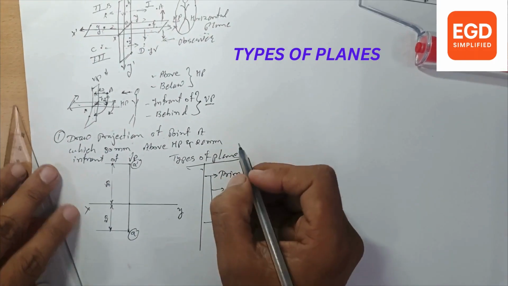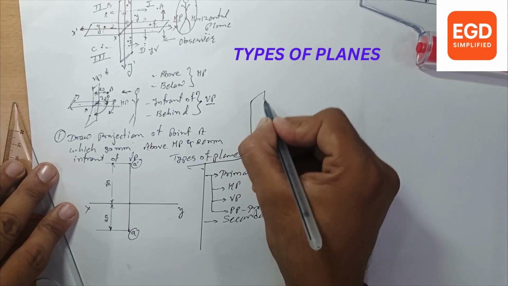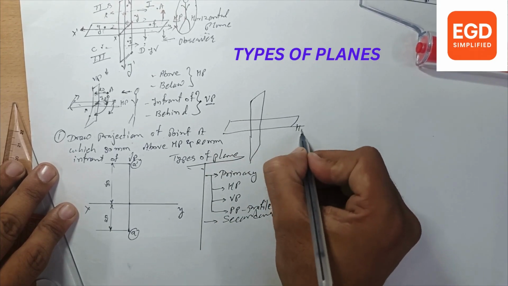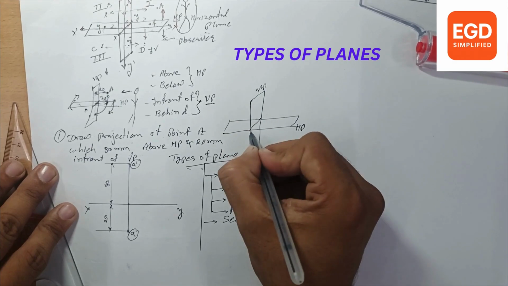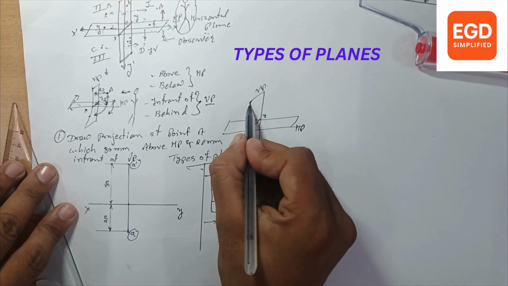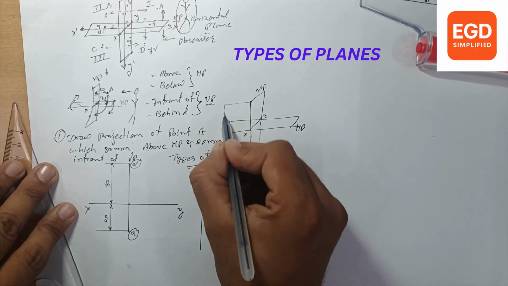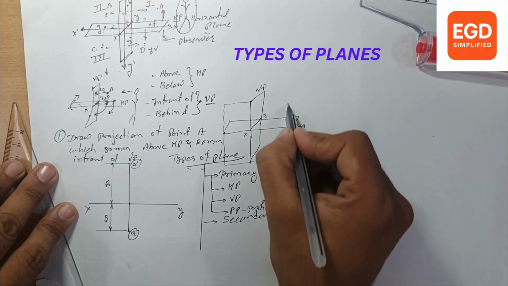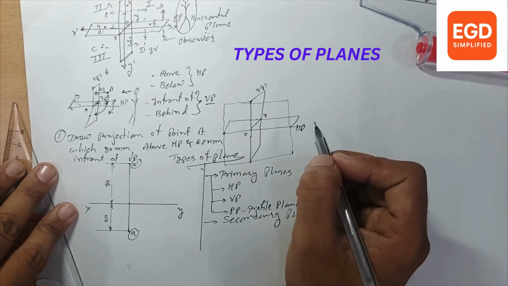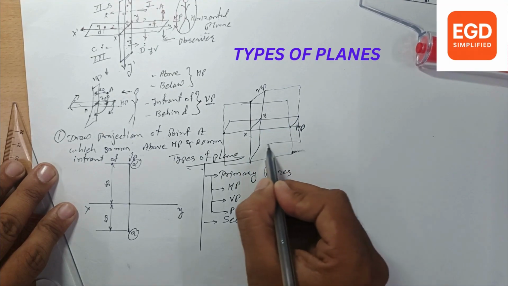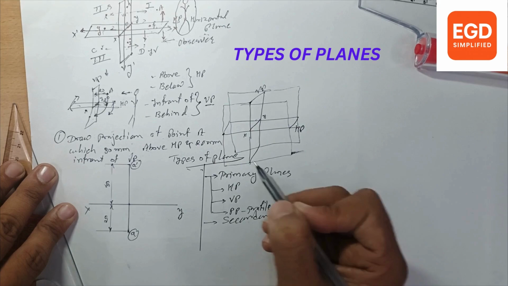Okay, how will this profile plane look? We can draw it like this. This is our horizontal plane, this is the vertical plane, this is the XY line. From this side point we can draw a plane perpendicular to both HP and VP, and from the backside points we can draw another plane.